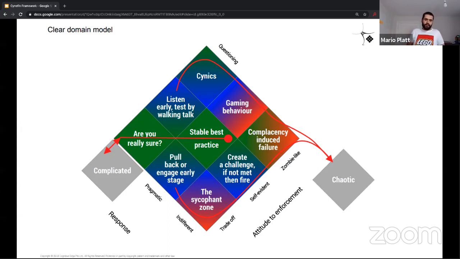So another anecdote about the clear domain. I worked at another big corporate where I was also responsible for the firewall change process. So I had both cynics and sycophants everywhere. So the process was appalling, right? It was super expensive. I actually wrote a blog post about it on how I saved the company £1 million, something along those lines.